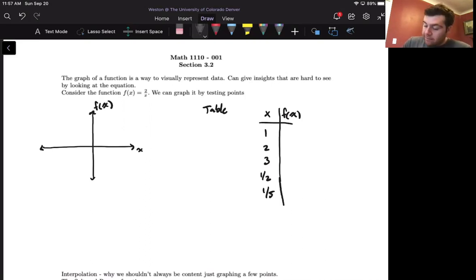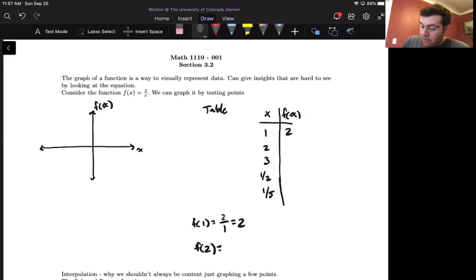And we'll know that f of 1 equals, let's write that actually as f of 1. F of 1 equals 2 over, where we see an x, we now put in a 1. F of 1 is 2.